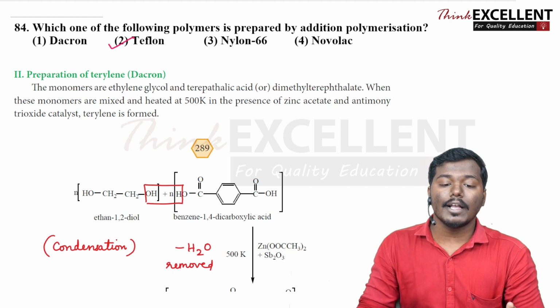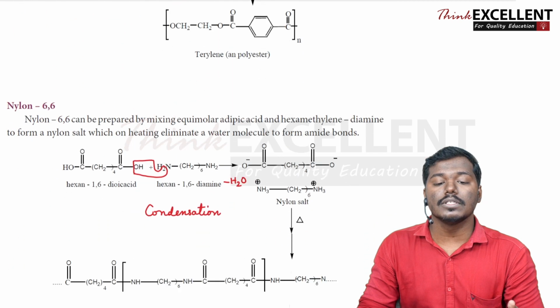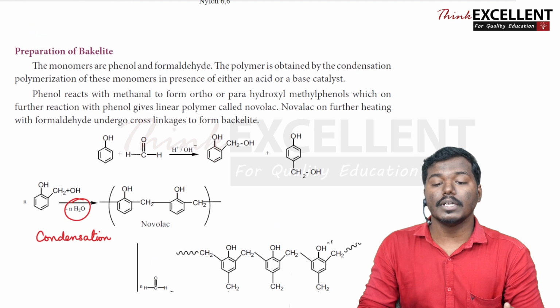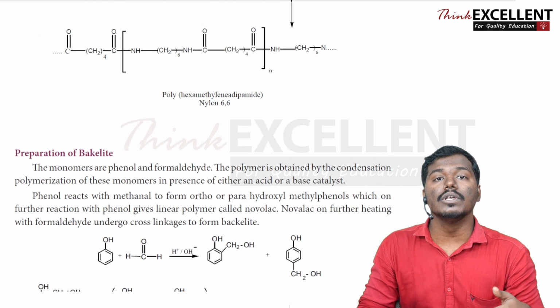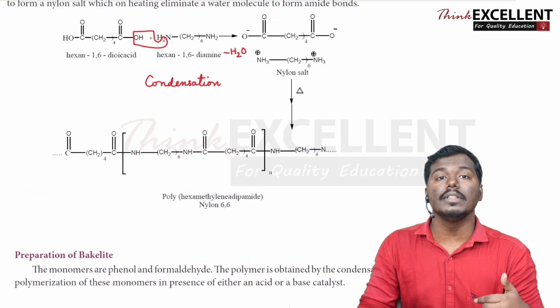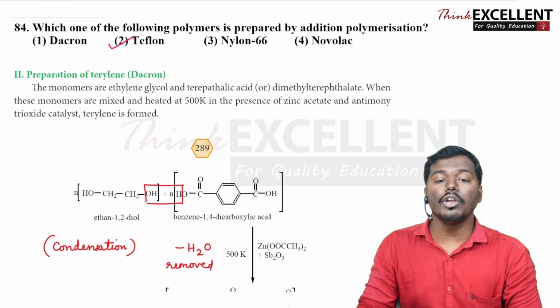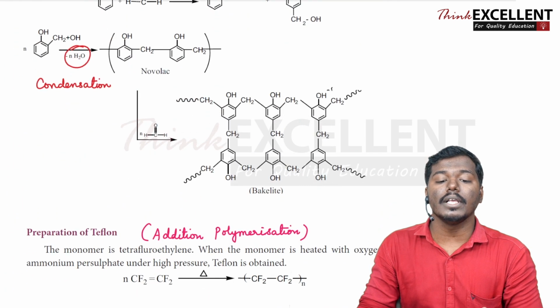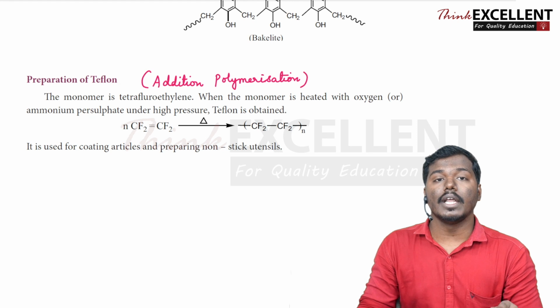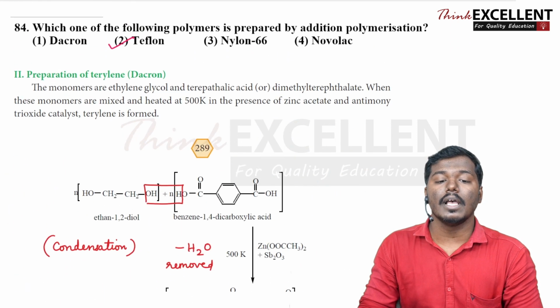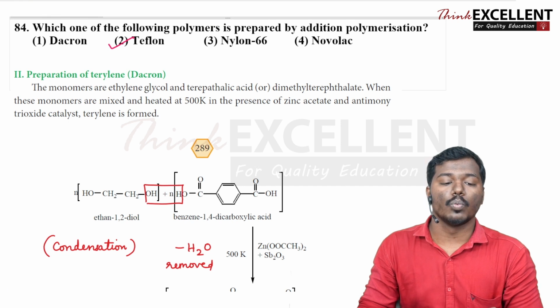So இதுல Dacron as well as Nylon 6,6 and Novolac, in all these three, the water molecule is eliminated and it is forming the polymer. Okay, but when you take the Teflon, you can see that the addition polymerization it is taking place.